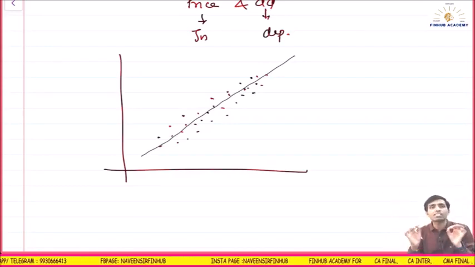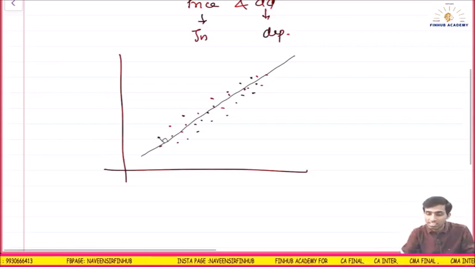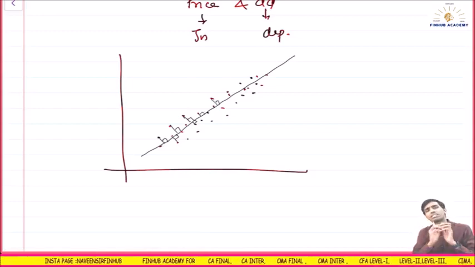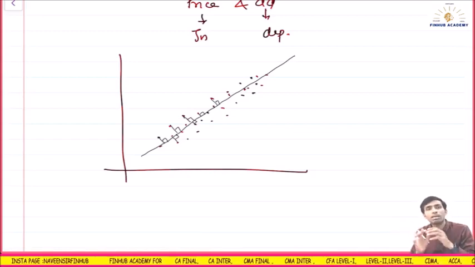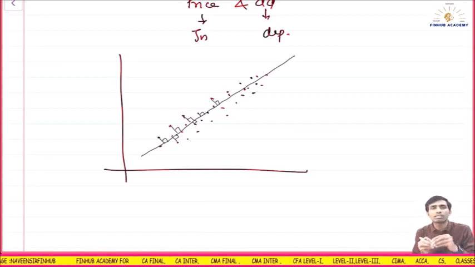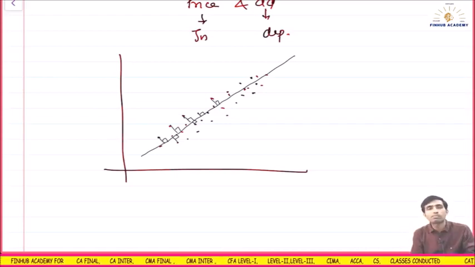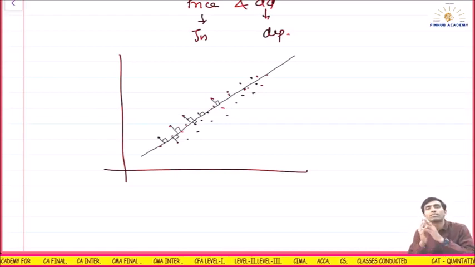Minimizing least square means the distance on both sides should be the least, therefore it is called the least square method. How it is passed is a different issue. But why is it called the least square method? Because I am trying to minimize the distance between these points while passing a line.